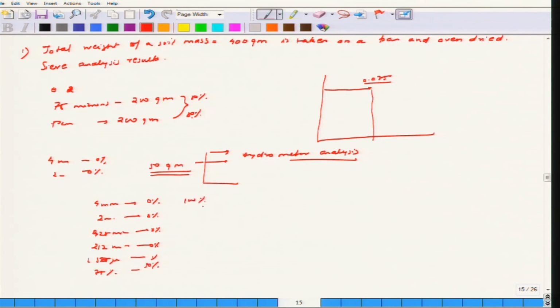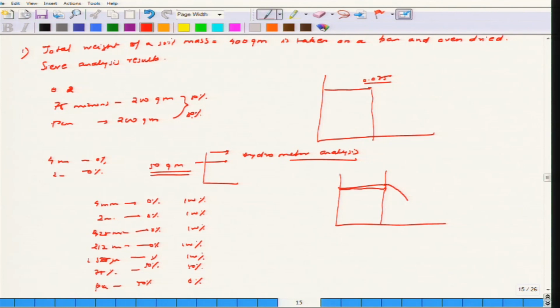So that means 100% passing, 100% passing, 100% passing, 100% passing, 100% passing, and 50% is the final passing. For the pan, retained is also 50%, so 0% is passing. So from 0.075, from this line, we start our grain size distribution.